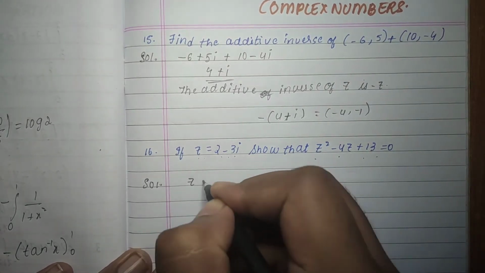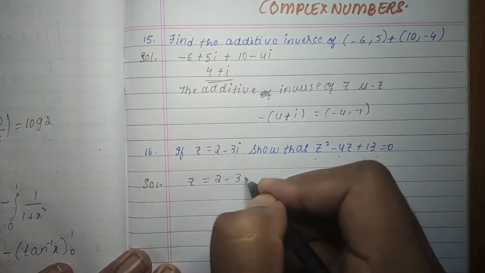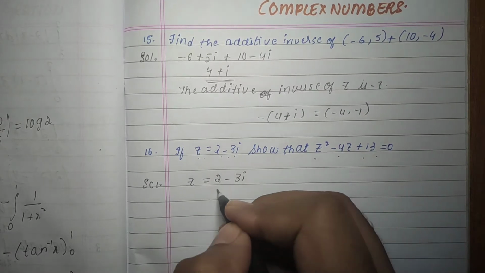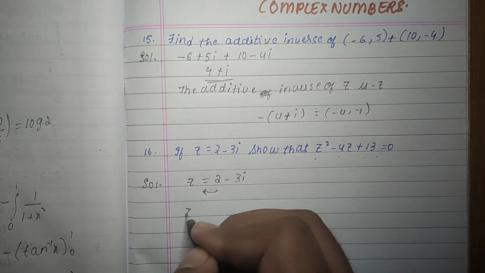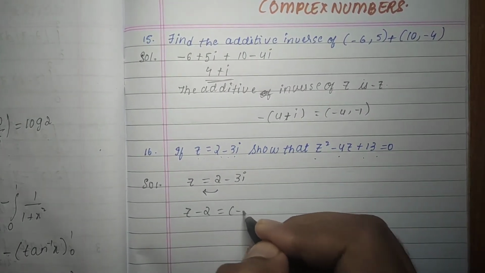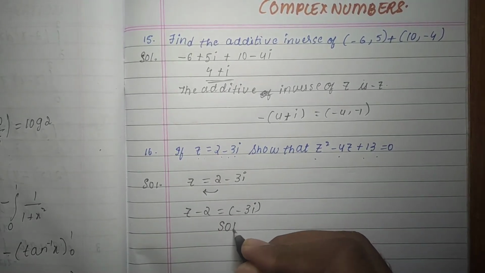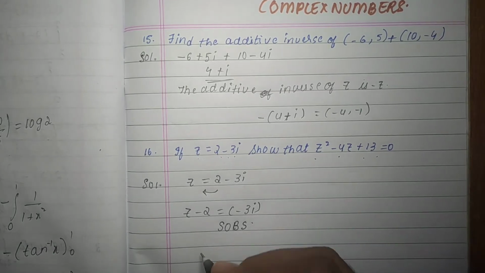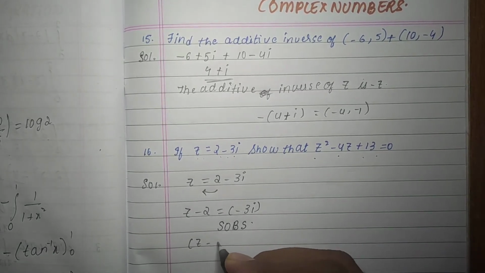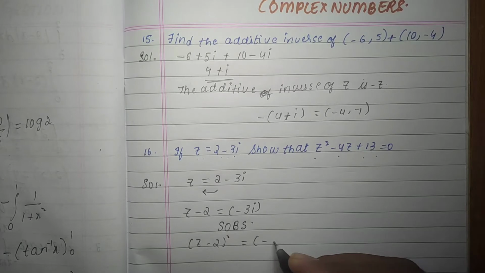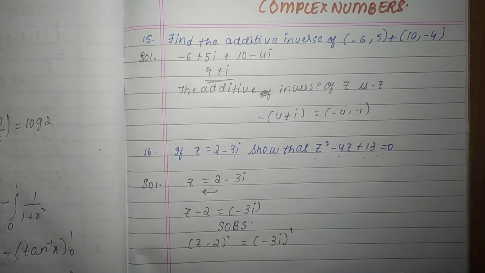So it is given that z is equals to 2 minus 3i. Take this 2 to LHS, that becomes z minus 2 is equals to minus 3i. So squaring on both sides, that becomes z minus 2 whole square is equals to minus 3i whole square.